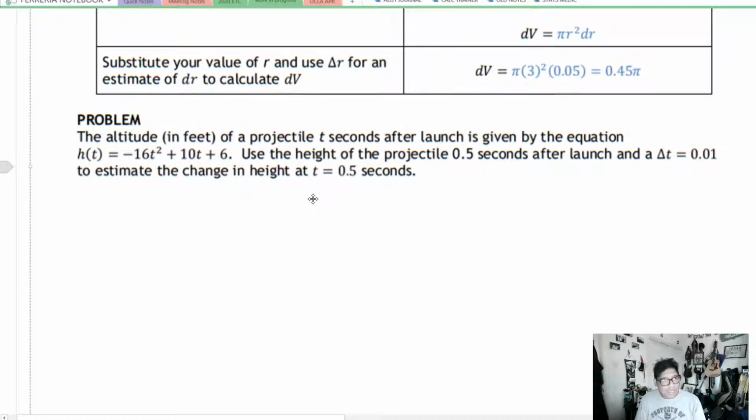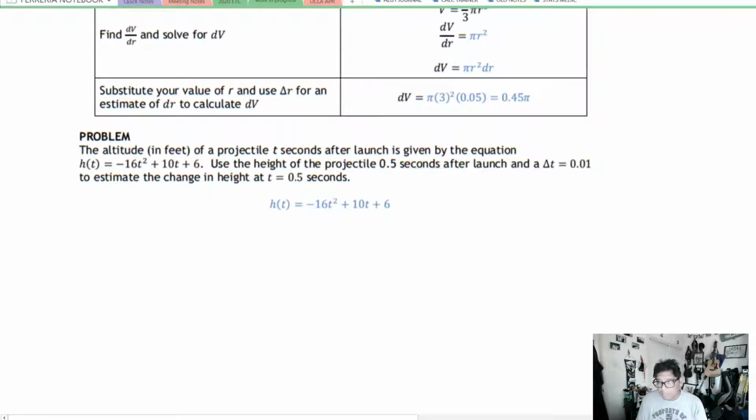Let's begin by looking at our height formula. So of course the height is as given, negative 16t squared plus 10t plus 6. Next, we're going to take the derivative because we are interested in the change in height. Change in height, of course, that should signal you to take a derivative of the height formula. Okay, the height formula derivative is negative 32t plus 10.